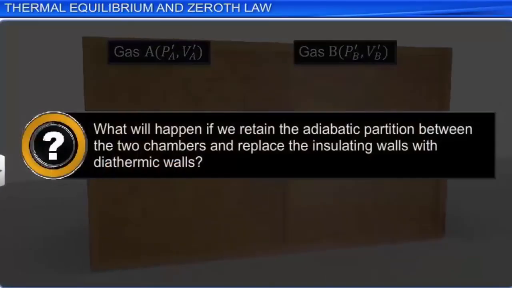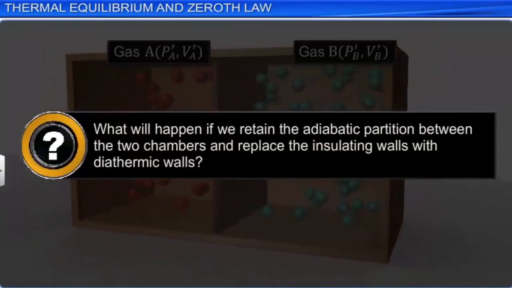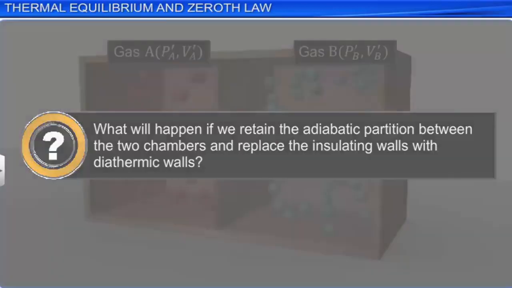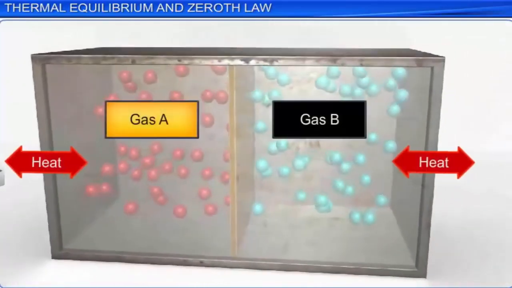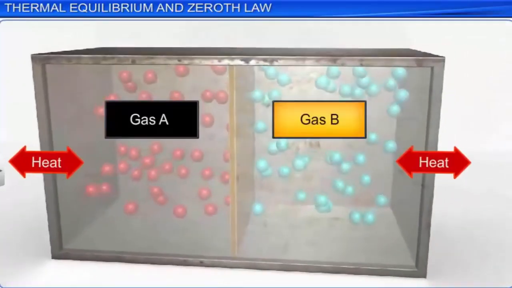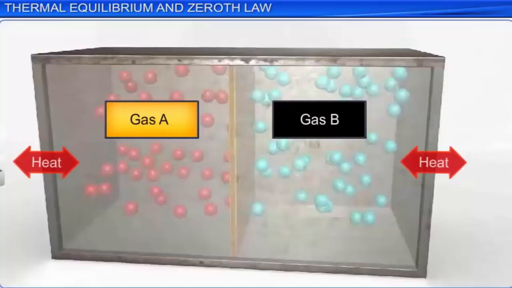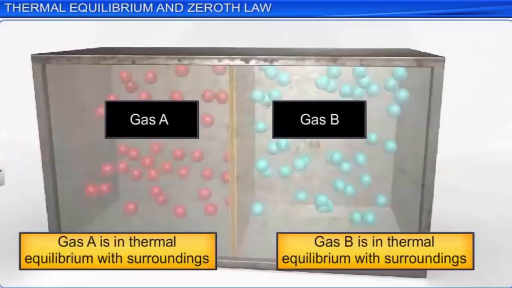What will happen if we retain the adiabatic partition between the two chambers and replace the insulating walls with diathermic walls? After sufficient time, gas A and gas B will attain different equilibrium states. But as the walls are diathermic, gas A and gas B are in thermal equilibrium with the surroundings.